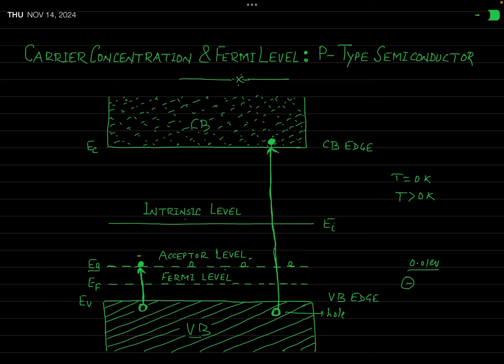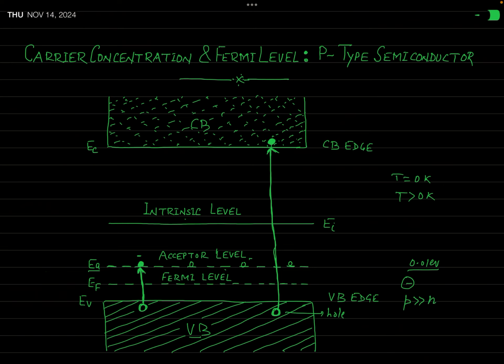One electron has been captured by the acceptor impurity atom in the acceptor level. So definitely the concentration of holes in the valence band, which is denoted by symbol P, is much greater than the concentration of the electron in the conduction band.